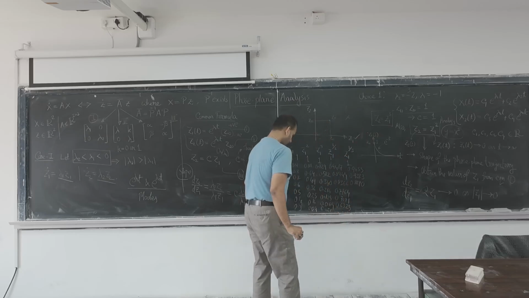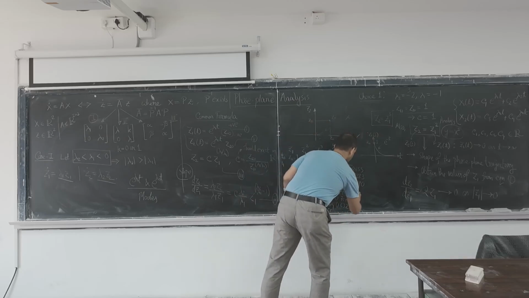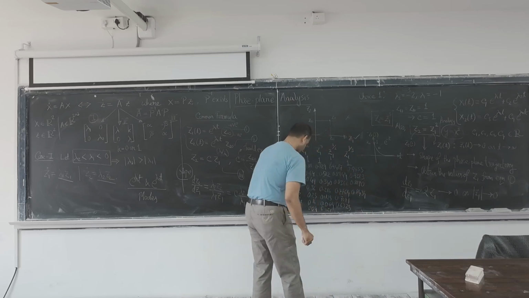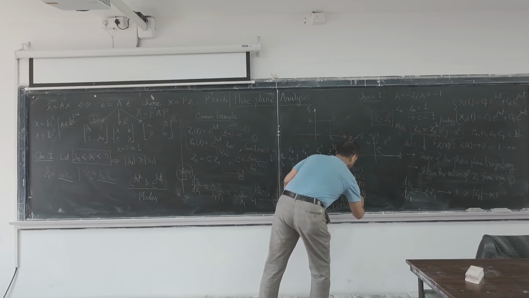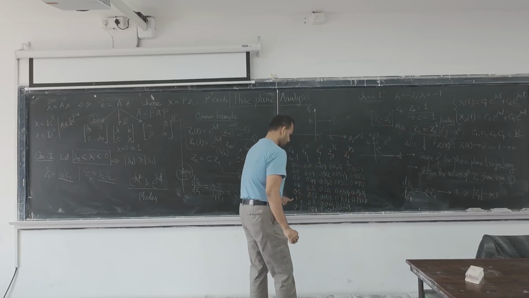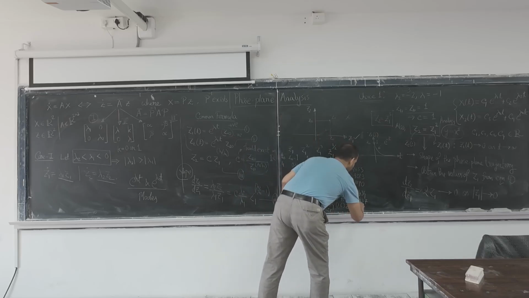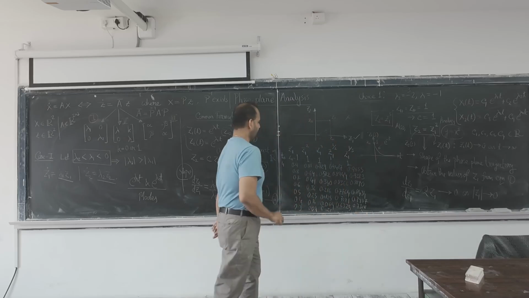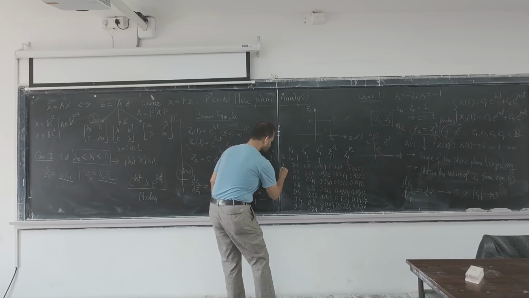Then 0.8434, after that 0.7937, then 0.7368. Fine. Thank you. Let's try to plot.